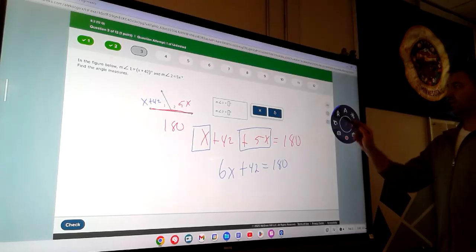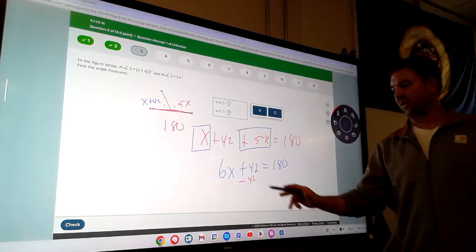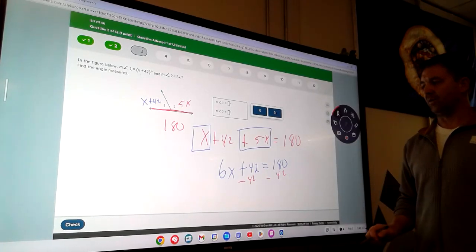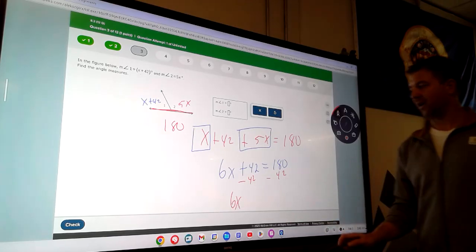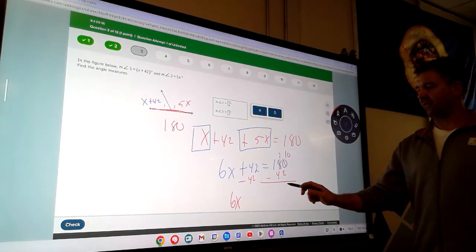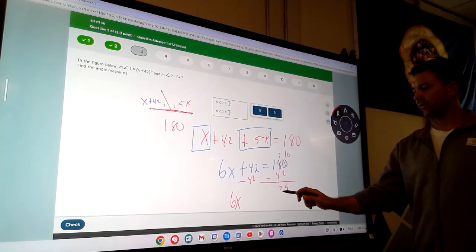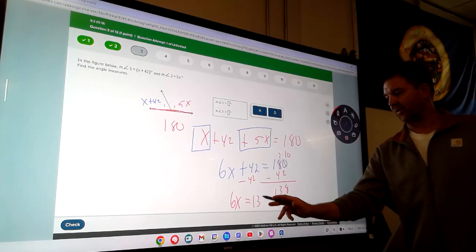Now you're just solving a two-step equation. Next step, I want to subtract first, so I subtract 42 from both sides. This is gone, I would still have my 6x, and over here we do the math: 10 minus 2 is 8, 7 minus 4 is 3, and 1 right there. So 6x equals 138.